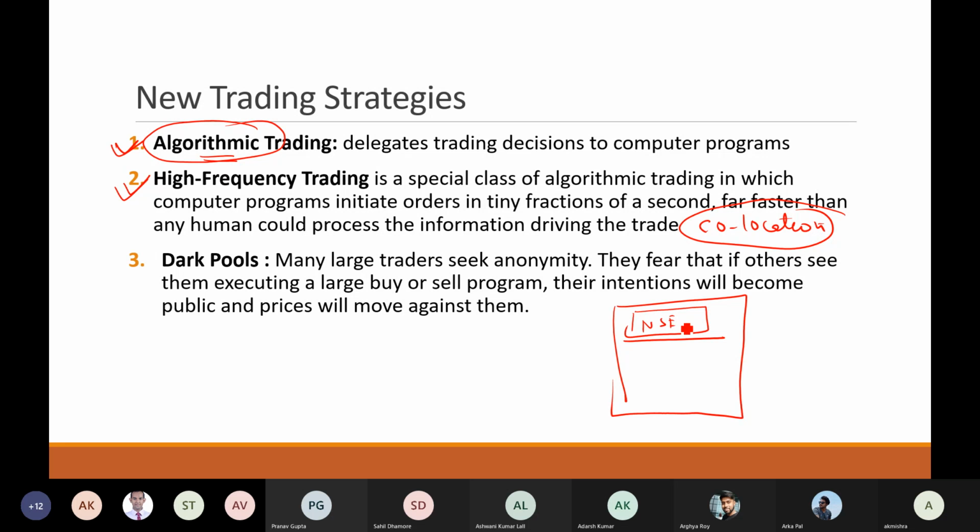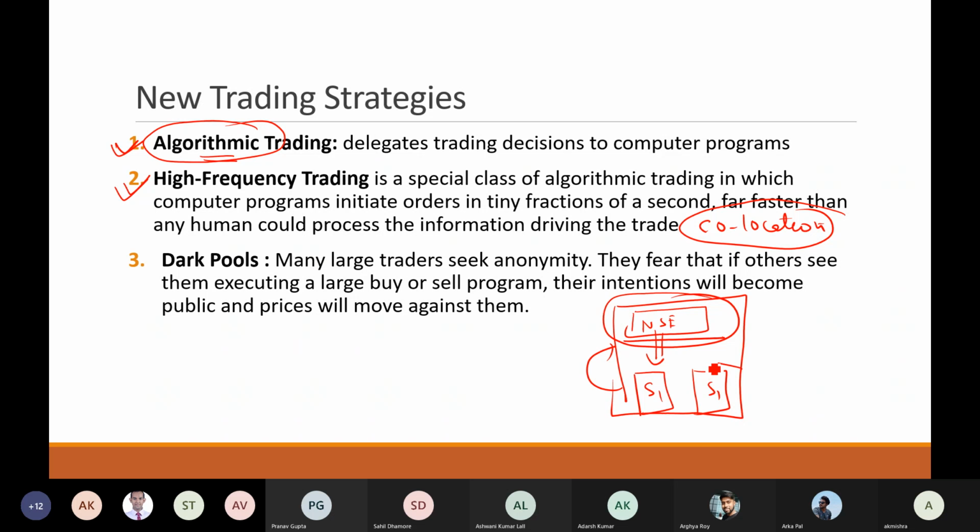To take advantage of high frequency order submission, the exchange allows various firms to keep their servers close to the NSE server, so that using the speed they are able to trade frequently or quickly on behalf of their clients.